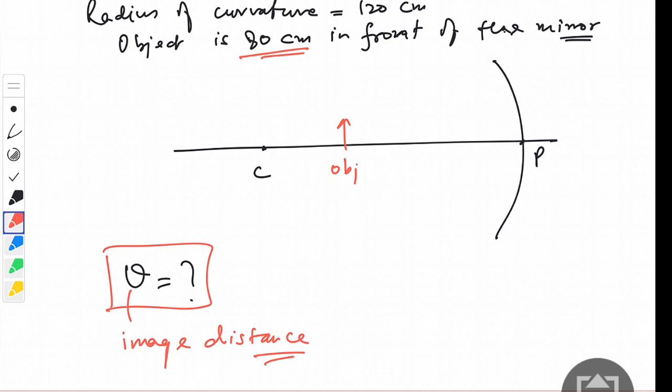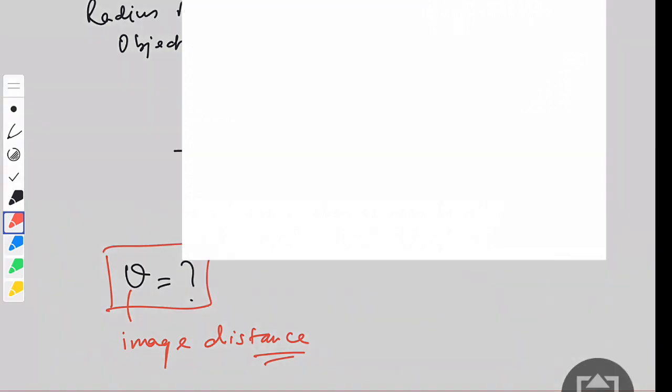Okay, so let's do the math and see for ourselves. We have 1 upon V plus 1 upon U equals 1 upon F. Now let's write down the values. Radius of curvature is 120, which means the focal length F is going to be half of it, so F is going to be 60, but it is on the negative side, so it will be minus 60.